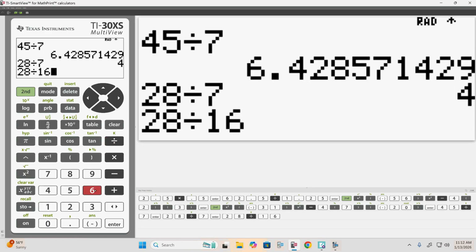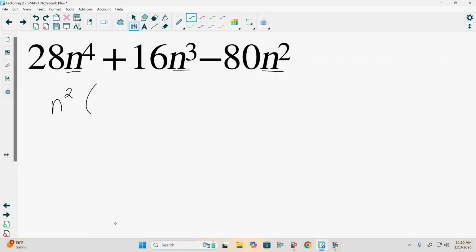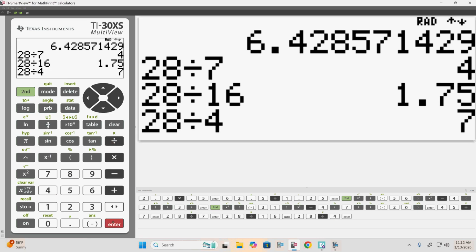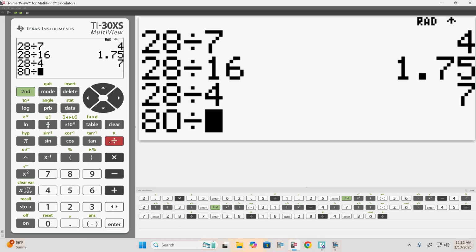28 divided by 16 doesn't work. What's another number that divides by 16, or 16 is divisible by? 4. 28 divided by 4 is 7. 80 divided by 4 is 20.